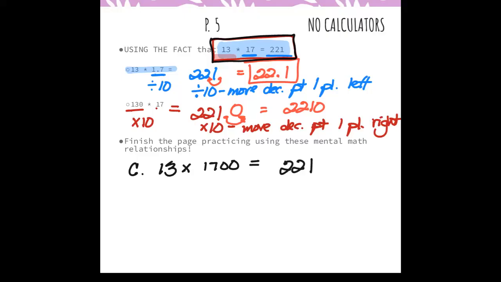The 2 zeros, which means we multiplied this by 100, which is going to do what to my answer? Multiply by 100, which means I add 2 zeros, go 2 to the right, 22,100. Anybody have that or thinking that?